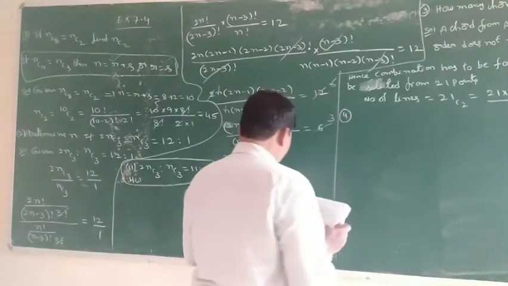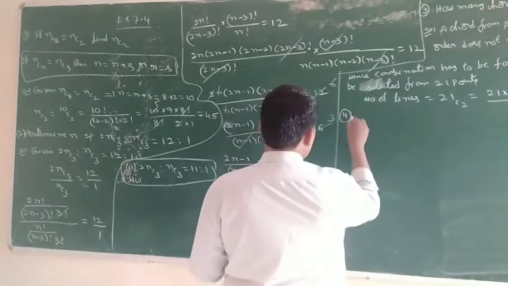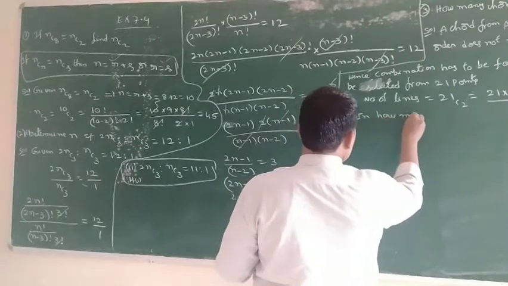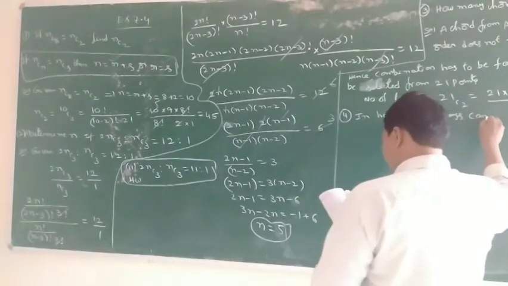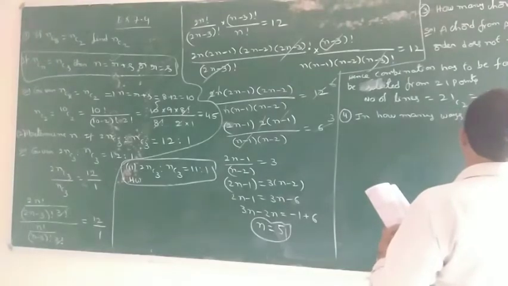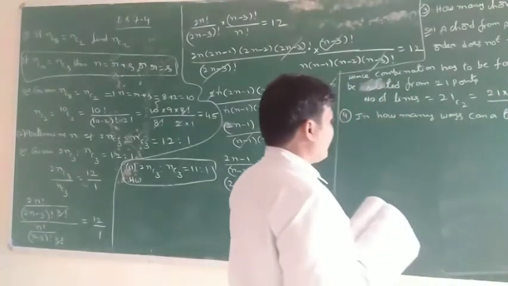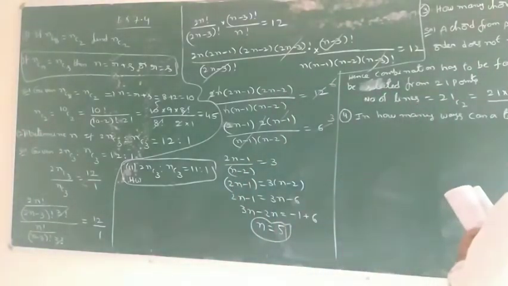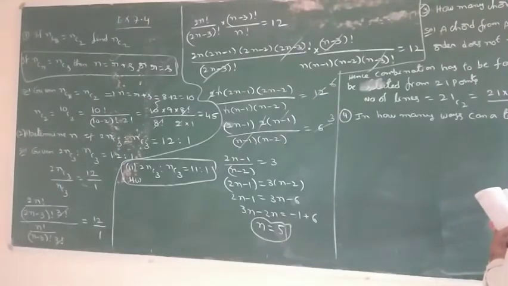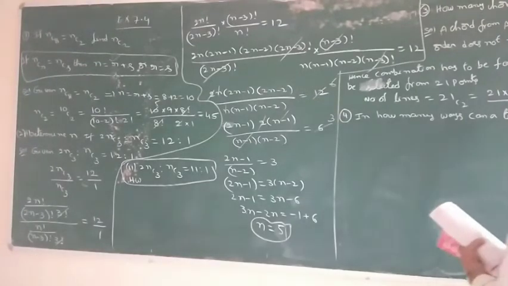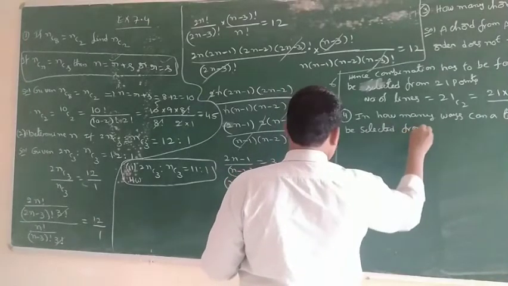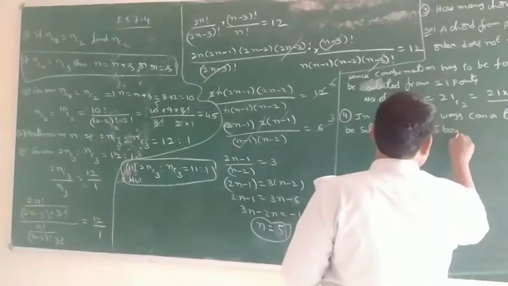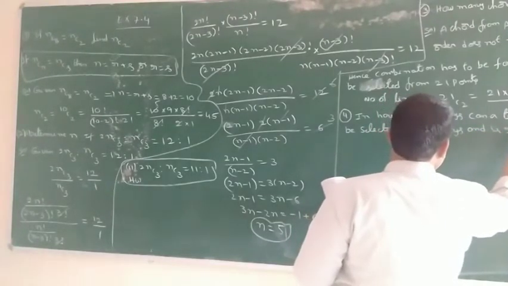Next, fourth one. In how many ways can a team of 3 boys and 3 girls be selected from 5 boys and 4 girls?